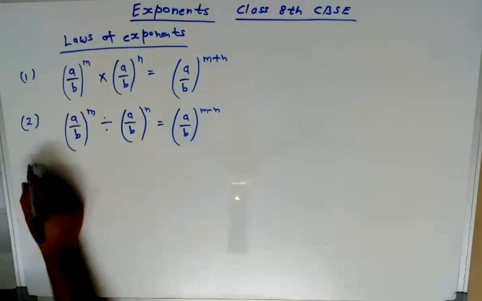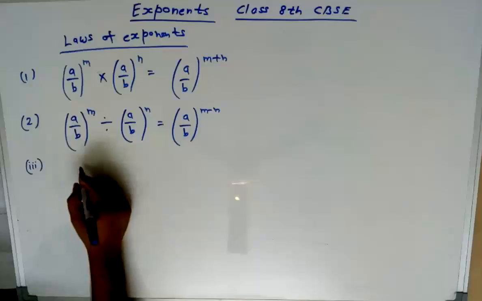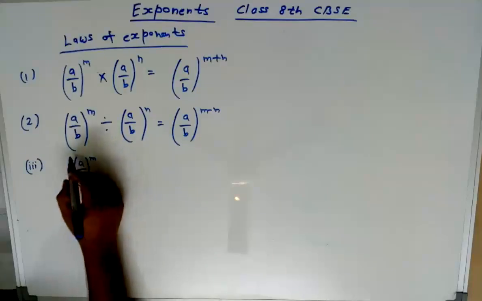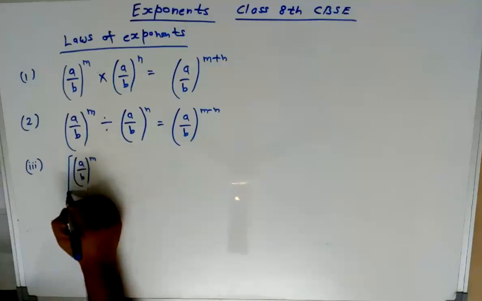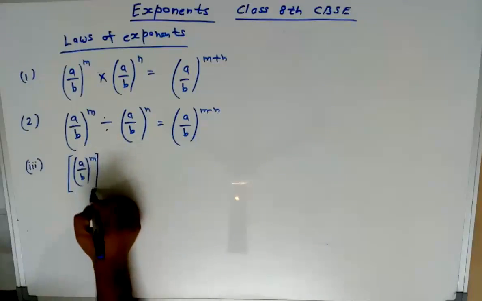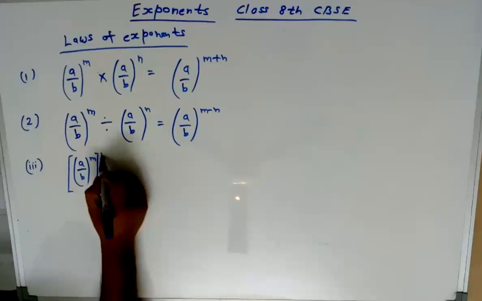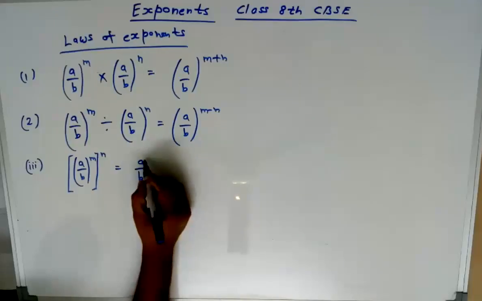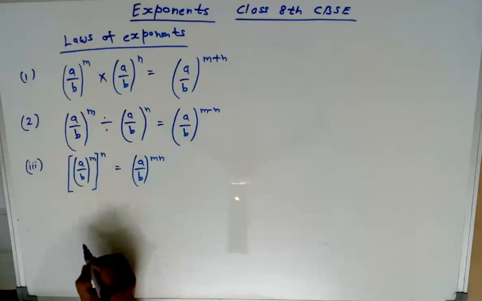Number third property, if a rational number a/b has power m and that whole number including that power has power of n, then it will become (a/b)^(m into n).